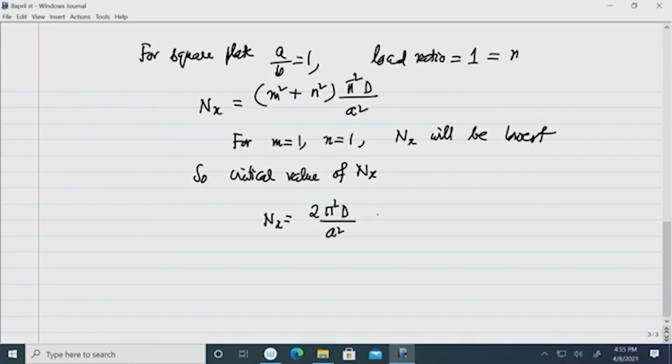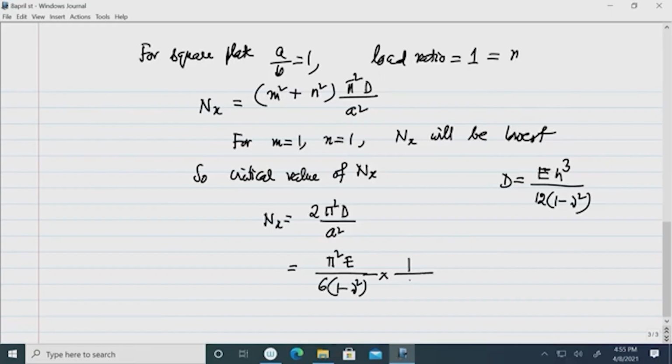Substituting D as E h³ divided by 12(1 − μ²), h is the thickness of the plate and μ is the Poisson ratio, we can get this equal to π² E divided by 6(1 − μ²) into 1 by (a/h)².